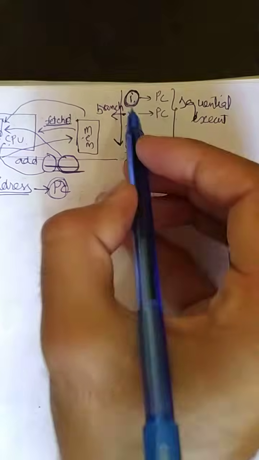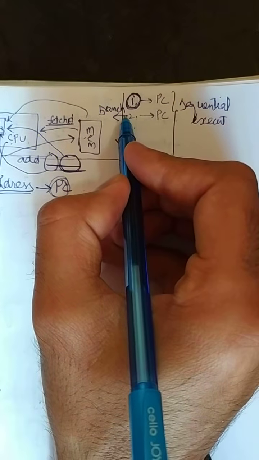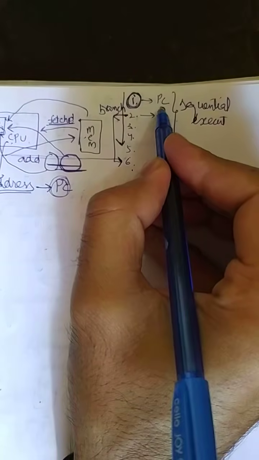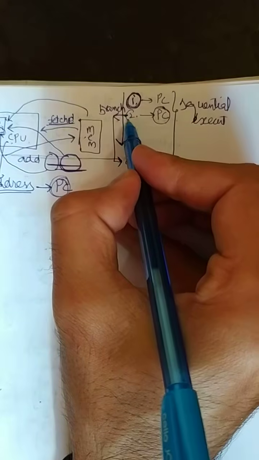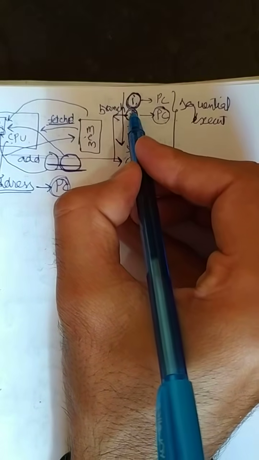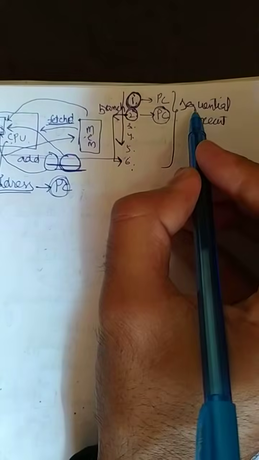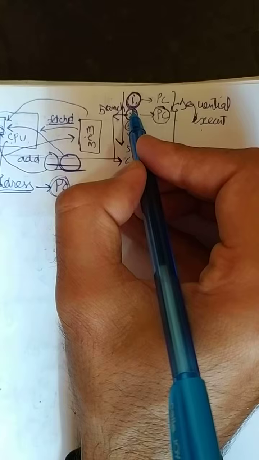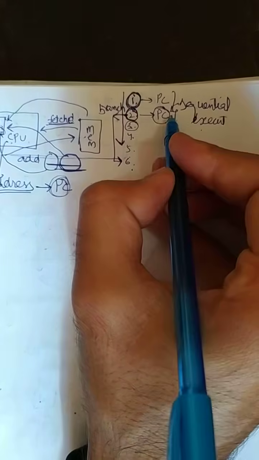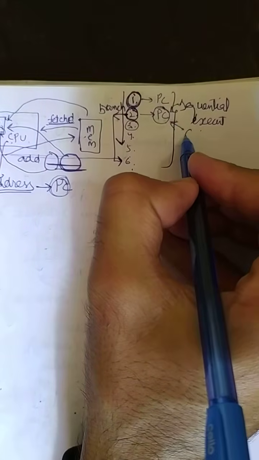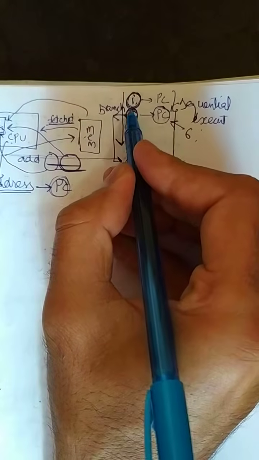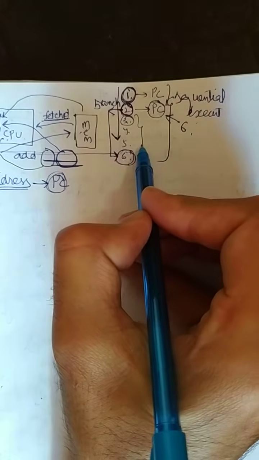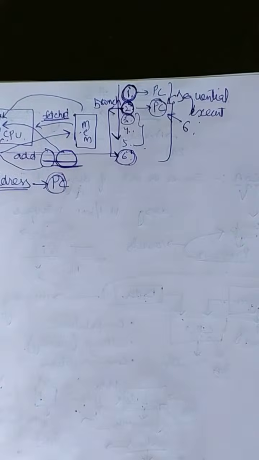So if I have a branch instruction that says that after executing 2, you have to go to instruction 6, then when I have 2 in the PC, I will fetch and execute this instruction. In sequential execution, the next address should have been 3. But since this is a branch instruction, the PC will get updated with 6. So after instruction 2, it will execute instruction 6 and will skip instructions 3, 4 and 5.